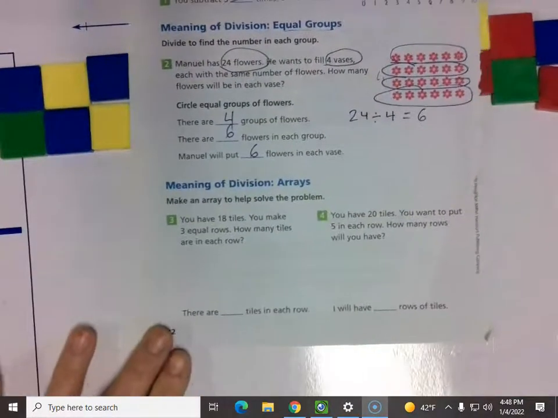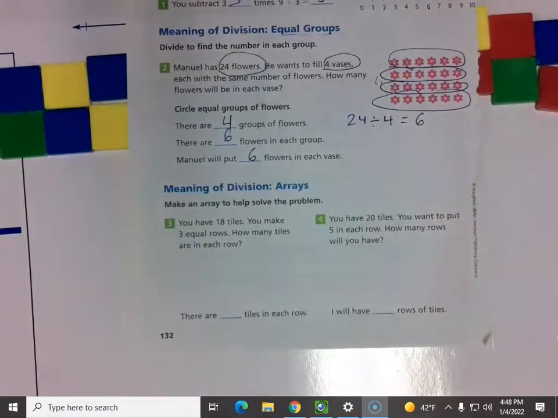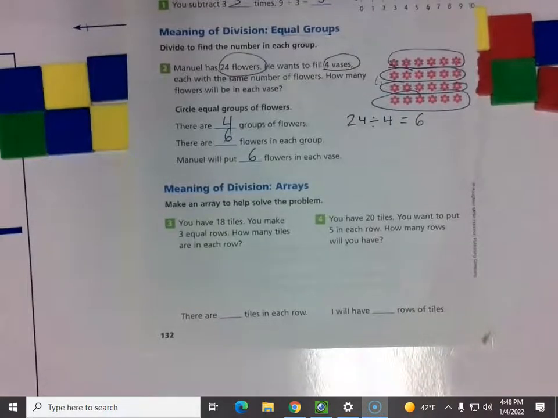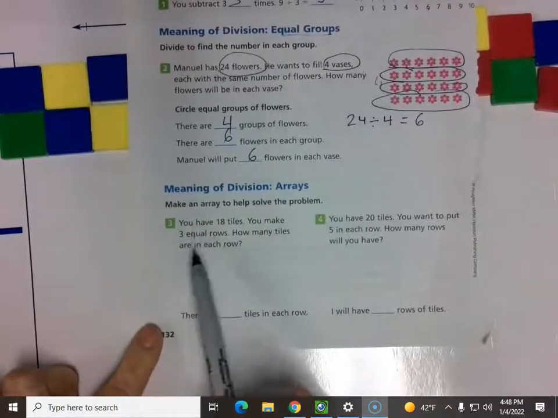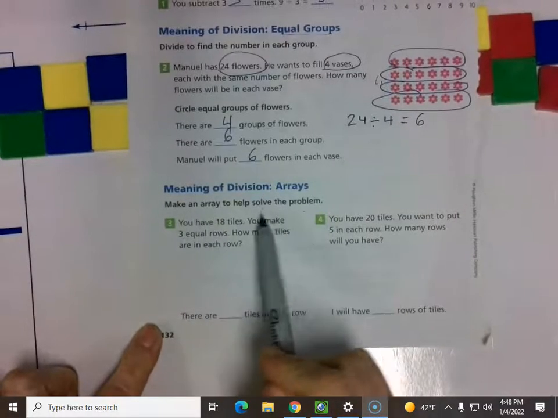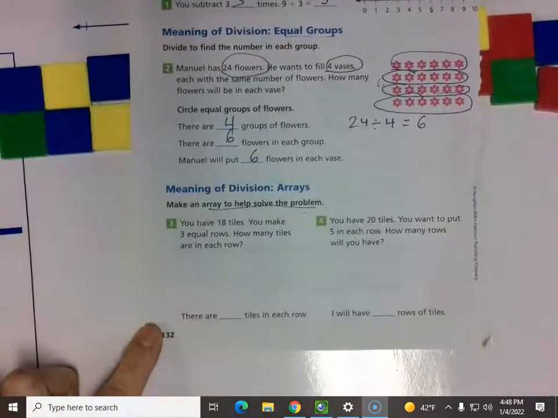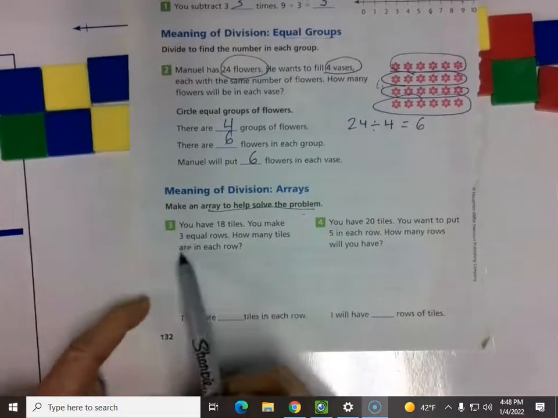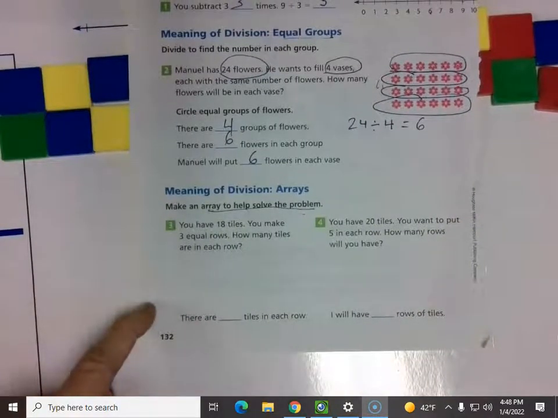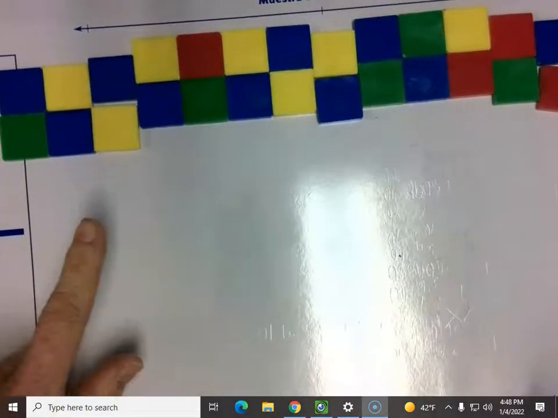All right, so here you have 2 problems that the class had to complete on their own, and that is using an array to solve these division problems. All right, in this problem we have 18 tiles. Now we laid out 18 tiles in class, just like this, and we had to divide them into 3 equal rows.